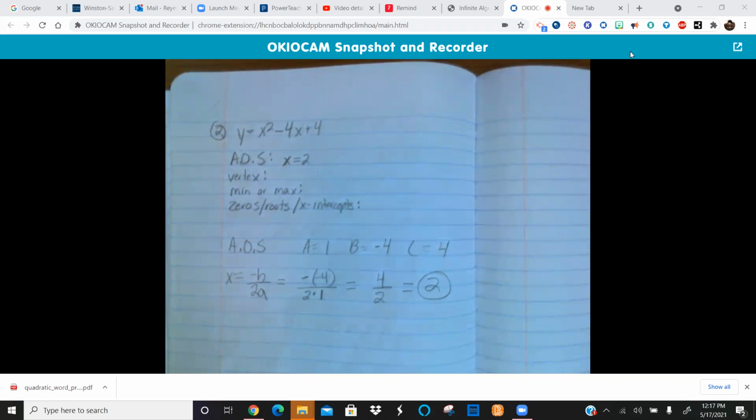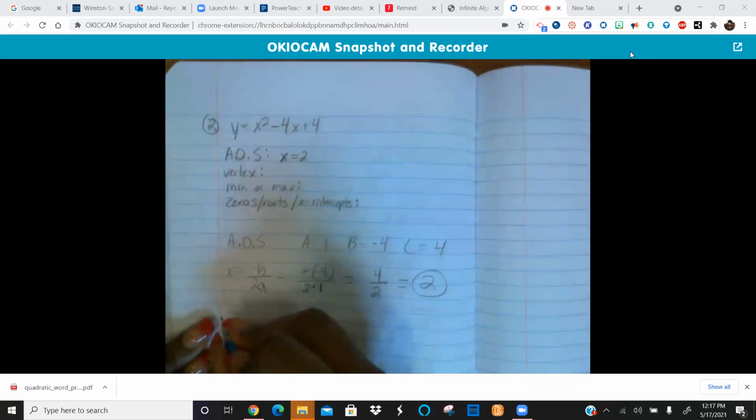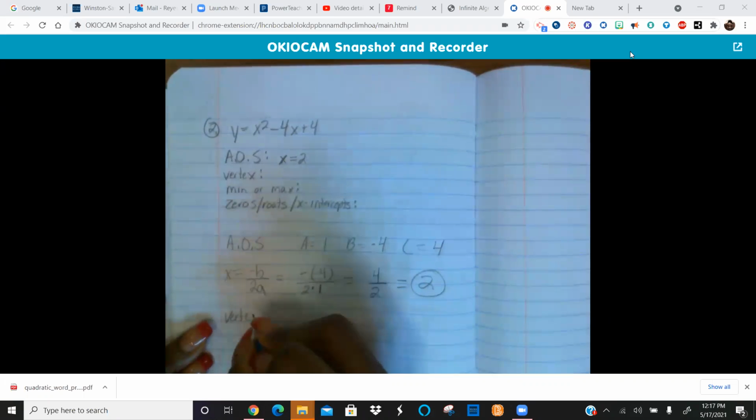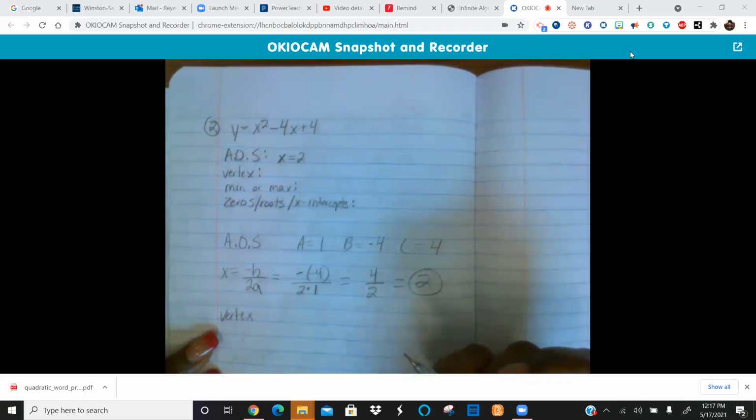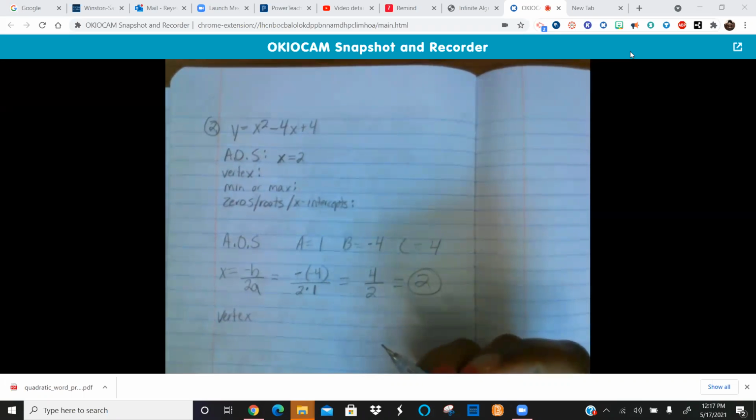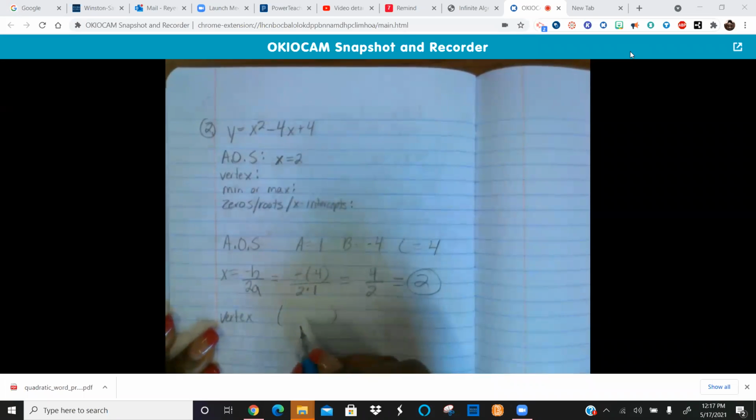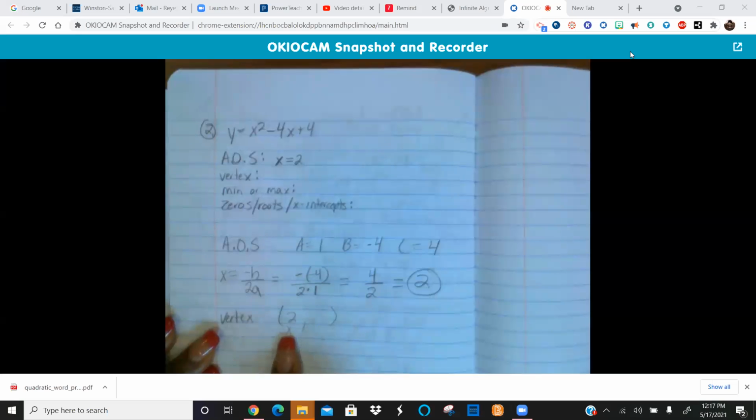Okay, let's do the vertex. To find your vertex, you already know the x coordinate of the vertex is 2, because the x coordinate of the vertex is whatever the axis of symmetry is. So now all you have to do is figure out what y is.